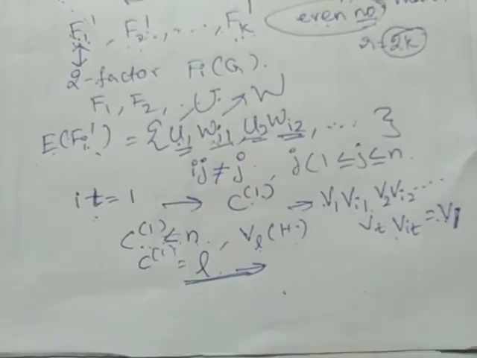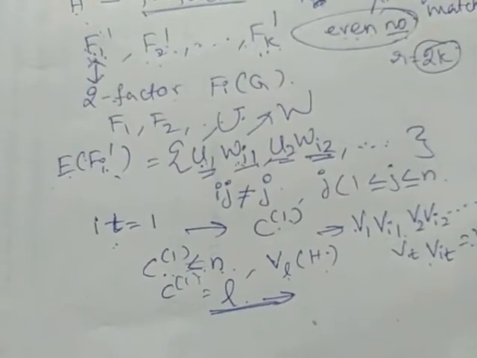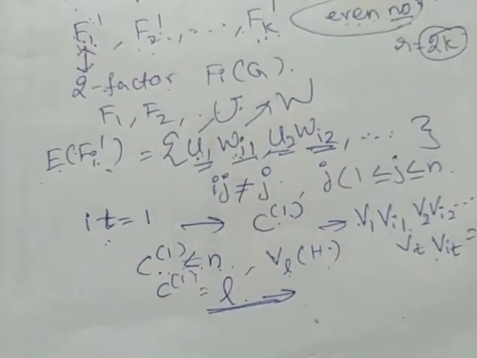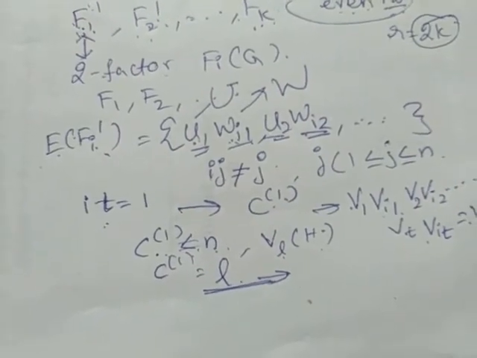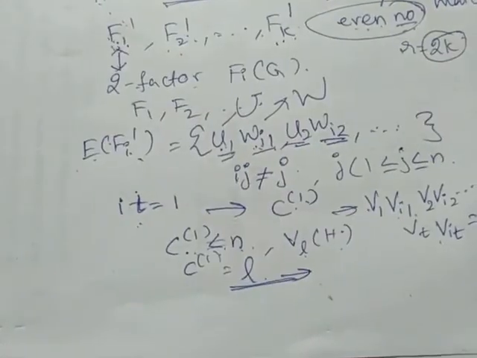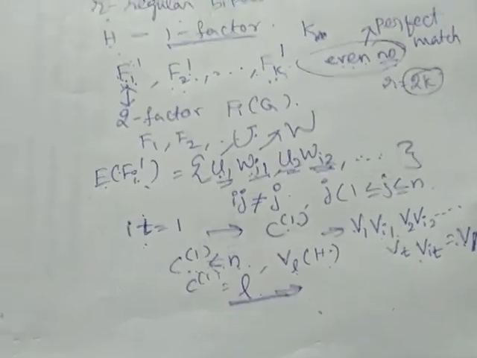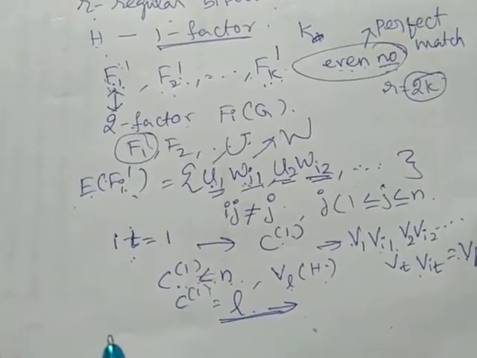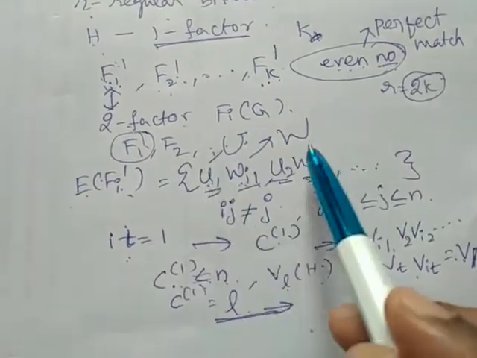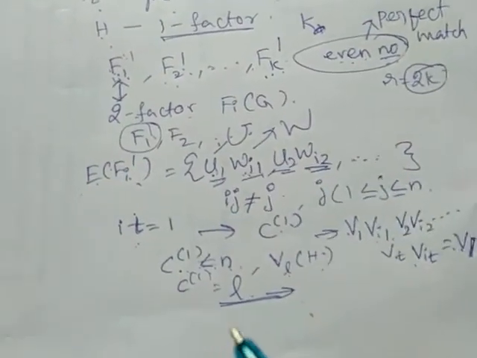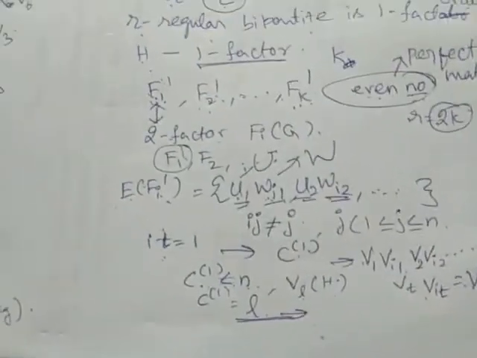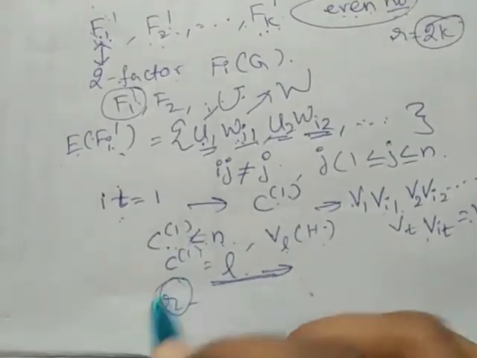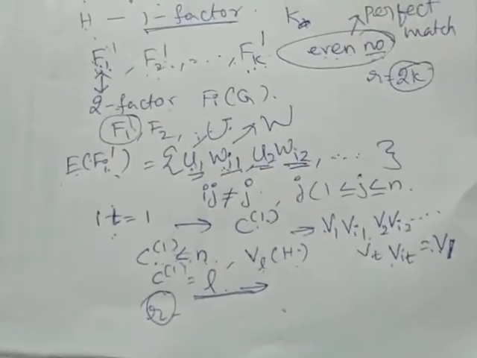So continuing in this way, we get a collection of pairwise vertex disjoint cycles that contain each vertex of H, producing a 2 factor. So F1 is a 2 factor. In a similar way, we can prove F2, F3, etc. are all 2 factors. So what we have proved is: whenever we have an R regular graph such that R is even, that graph is 2 factorable.